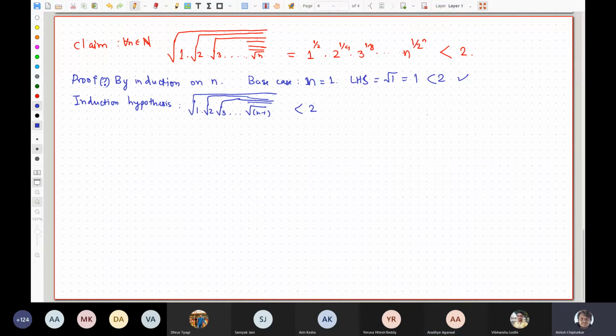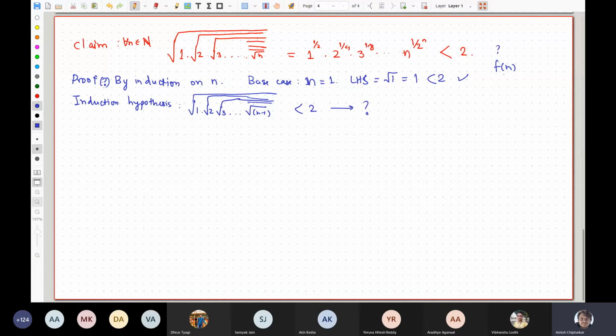Okay, so Aradhya's idea is the following. Instead of having just this upper bound of 2 which you are trying to prove by induction, which doesn't seem to go anywhere, let us have some function of n as an upper bound. What function we will figure out.